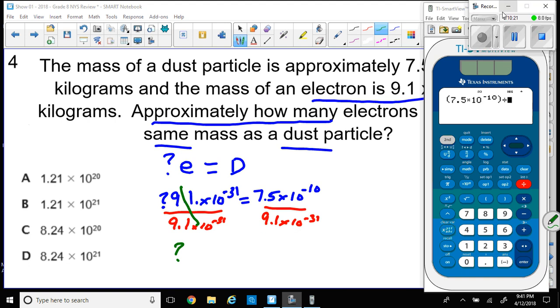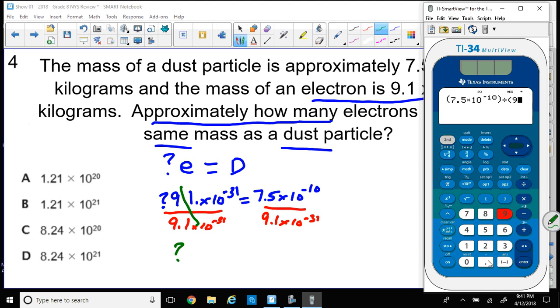Okay, sorry. I just want to get that parenthesis in the right place. So my parenthesis and 9.1 times 10 raised to the negative 31.